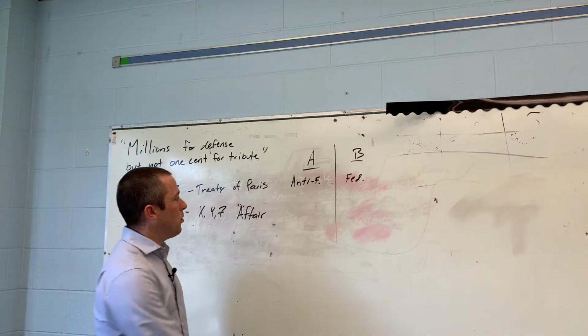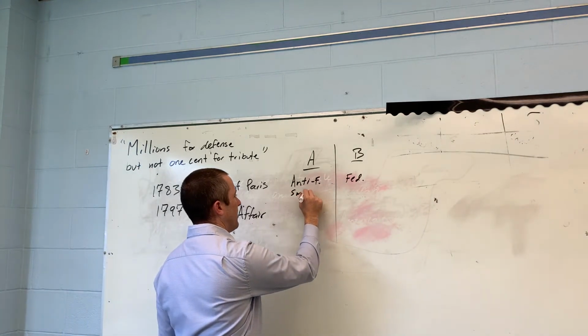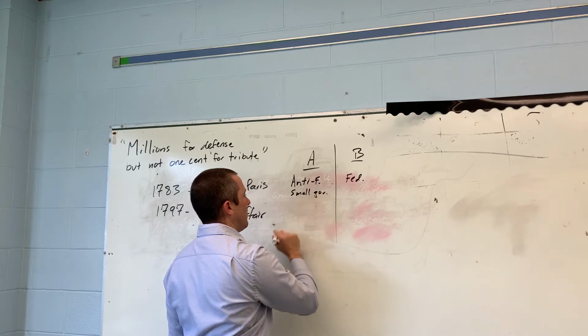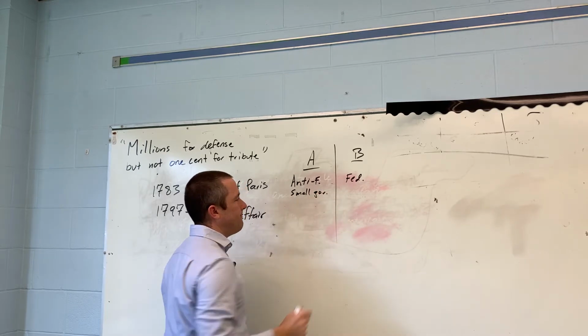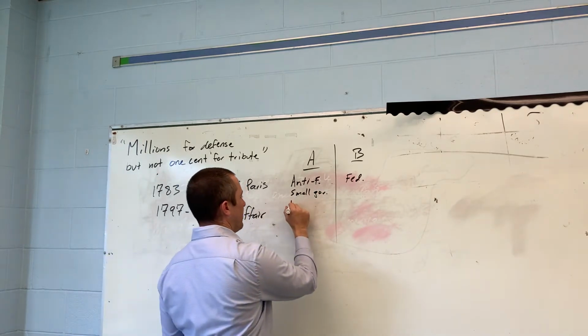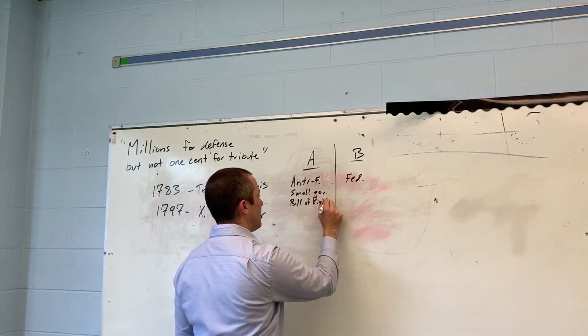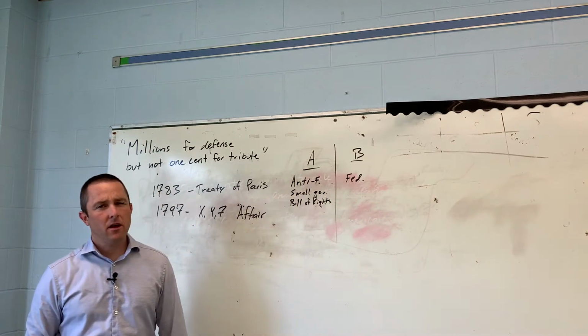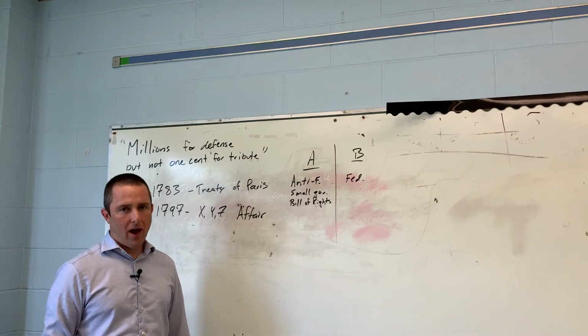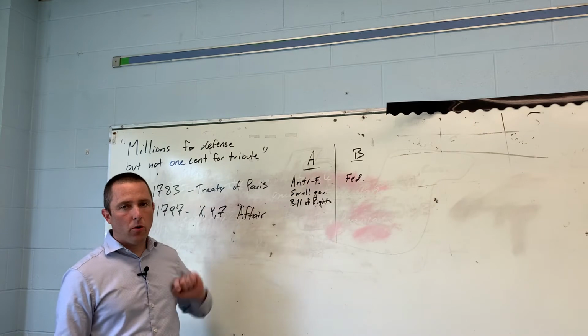Anti-federalists are people who want smaller government. They are in favor of a Bill of Rights. I was going to say they're opposed to the Constitution, but that's not really fair to say. They were more nervous about it, apprehensive about it, and agreed to it only if there was a Bill of Rights.